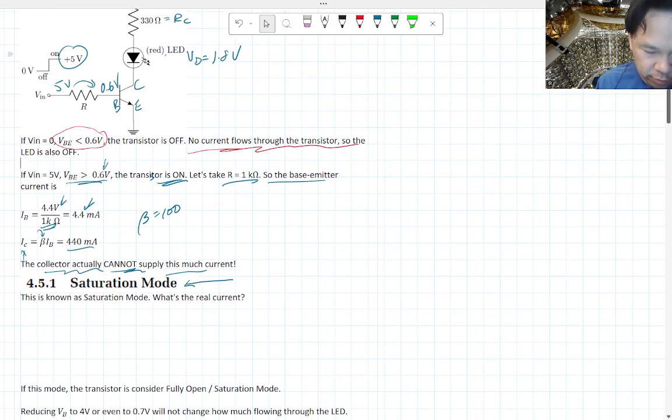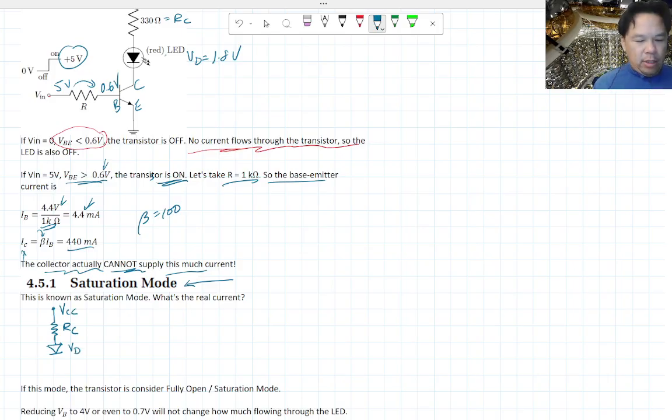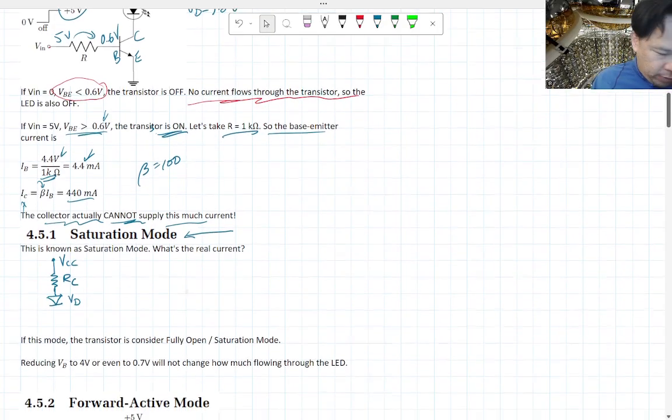I'm actually going to redraw that because it's a little confusing the way it is. So we have voltage VCC. We're going through a resistor, we call that RC, and then we're going through a diode. It emits light, but that doesn't matter. The voltage drop across that is going to be 1.8 volts.